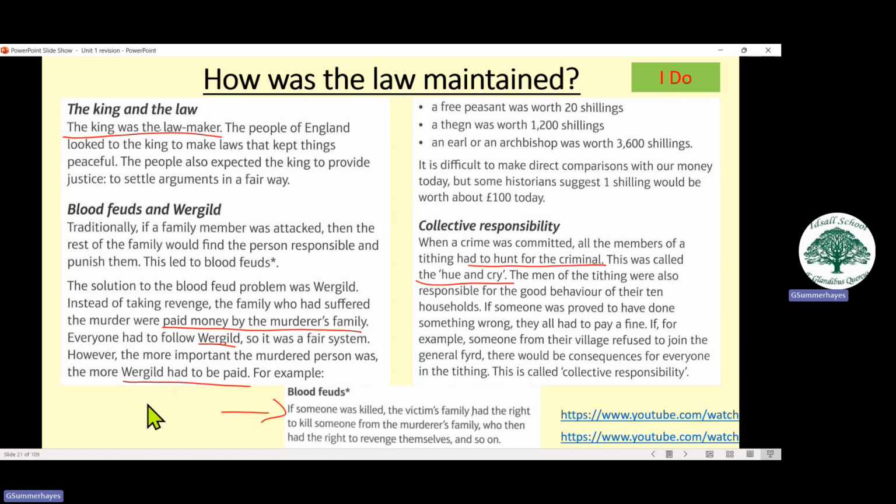Now, there are a couple of interesting ways of dealing with crime. Blood feuds, which in Saxon times meant if somebody had killed a member of your family, then you would punish that person, possibly by killing them, and then they would do the same back to you. And you can see how that would be a problem of revenge upon revenge.